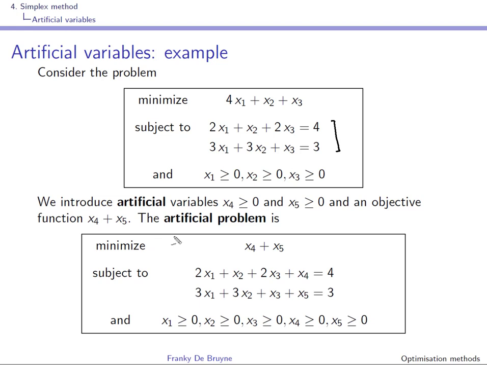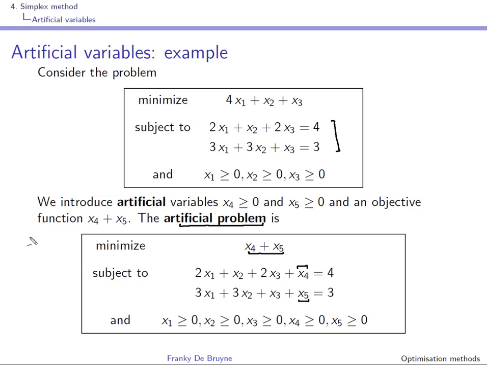So what we'll do is add artificial variables in the first and second equation, respectively x4 and x5, which are constrained to be non-negative, and we'll deal with this artificial problem here that minimizes the sum of the artificial variables. Notice that in this case it's easy to find an initial basic feasible solution, right?